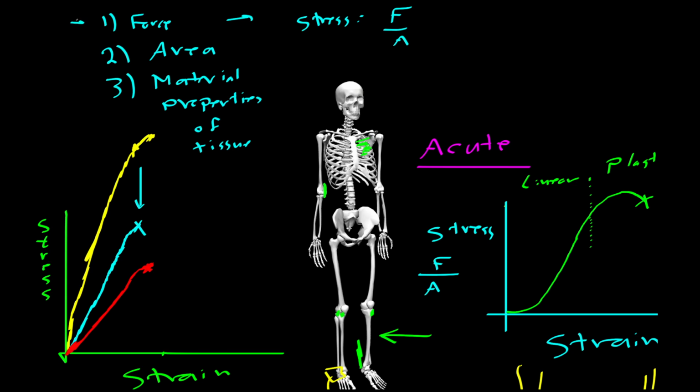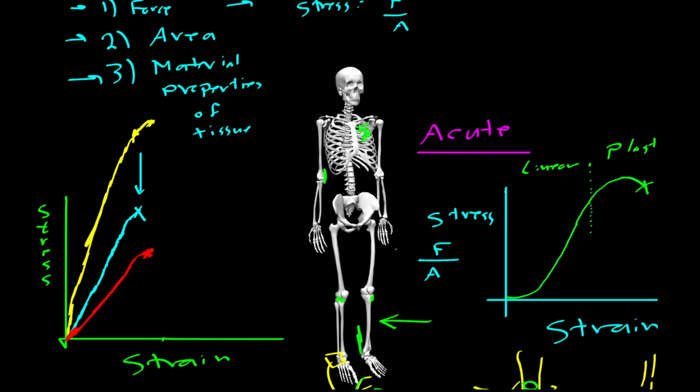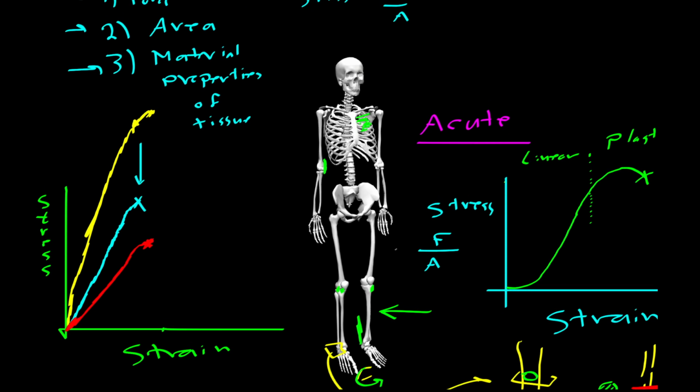So these are the three factors that are going to determine how your body can handle a sudden load, such as rolling your ankle, such as getting tackled, such as landing from a really high height, such as a car accident, something like that. So acute injuries are pretty straightforward because we just have to think about essentially going up the stress strain curve one time. And the question is just, do we get all the way up to this point or not?